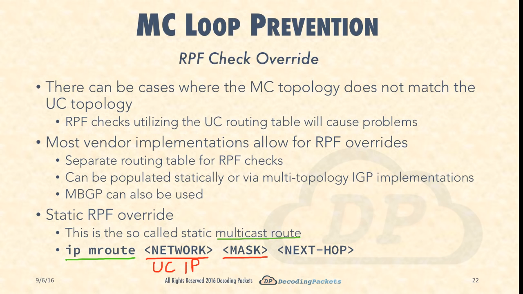Again, we'll be discussing these in much more detail, but ultimately what you're trying to say is, for a particular source, stop relying on the unicast routing table and instead use another next hop which should lead to a different IIF and should really make the implementation more consistent with what the multicast topology actually looks like. That brings us to the end of this particular lecture, and I hope you've enjoyed it.